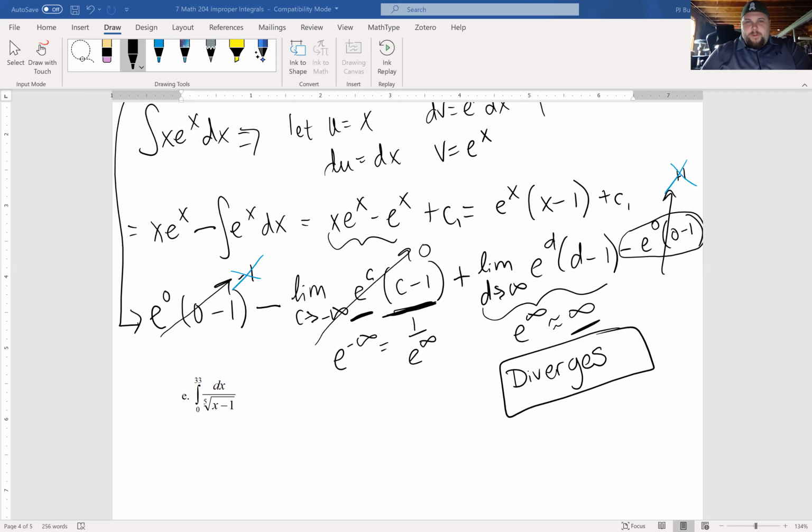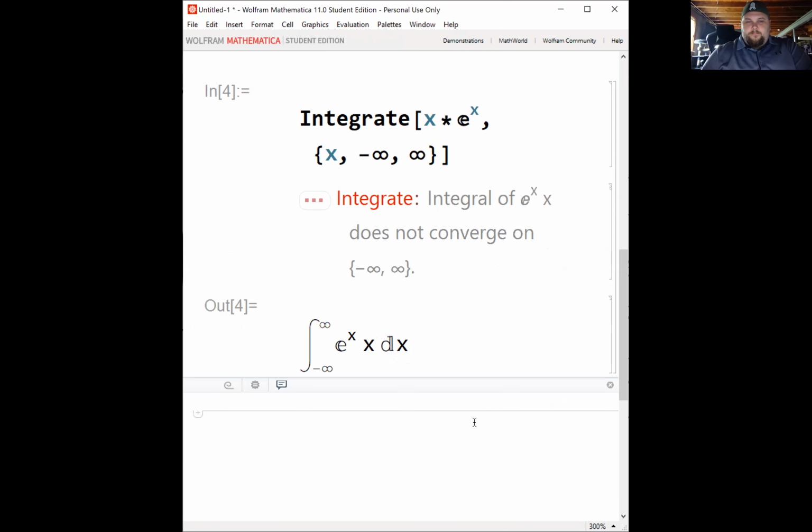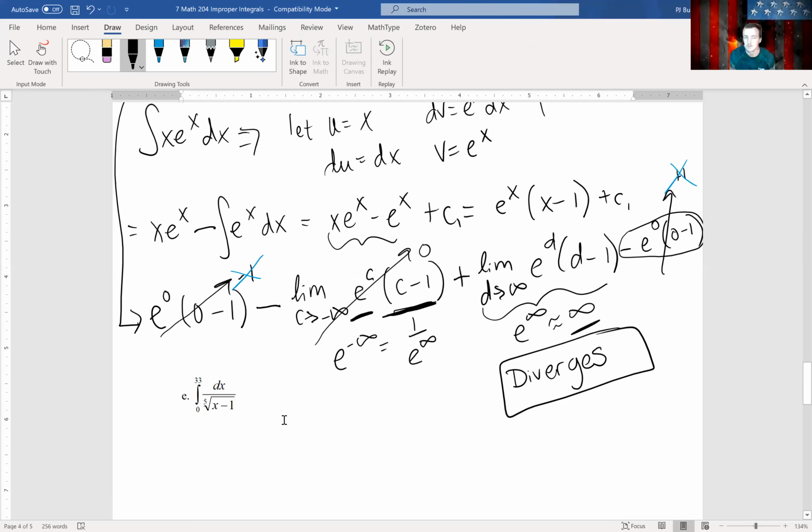And again, if you plug that into a computer algebra system, I said x e to the x from -infinity to infinity. Notice it says does not converge, which is another way to say diverges. So if that were a quiz or an exam question, we'd just put diverges as the answer. I'd still want to see all the work, but at the end you would just say diverges. Okay. That is the solution.